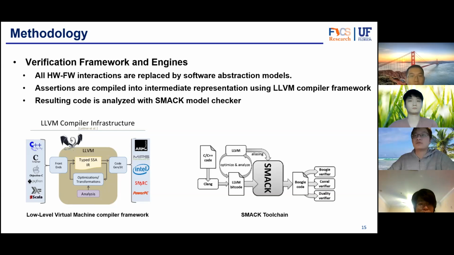And the SMACK toolchain provides a modular and extensible software verification ecosystem that decouples the front-end source language details from back-end verification algorithms. It achieves that by translating from the LLVM compiler intermediate representation into the Boogie intermediate verification language.